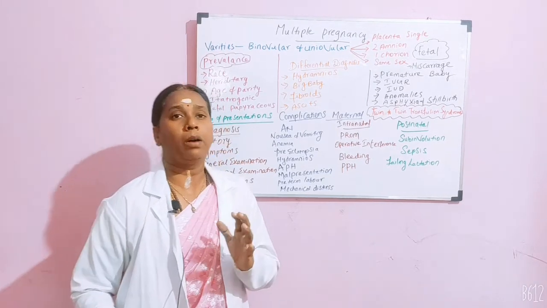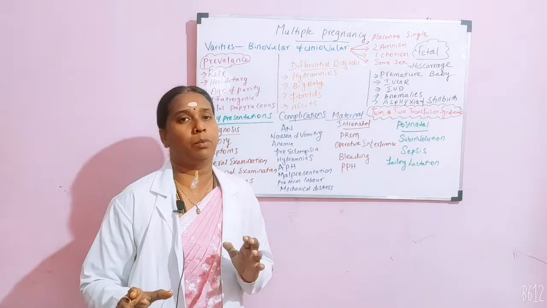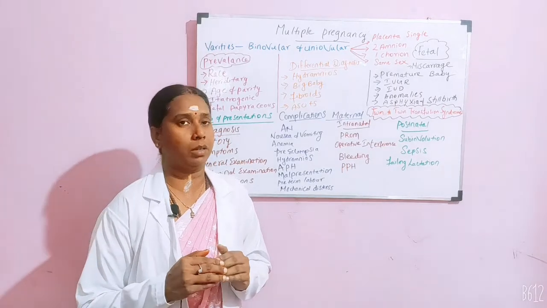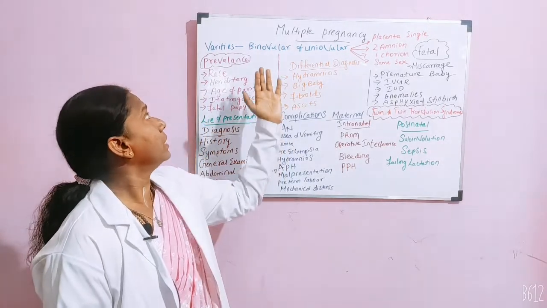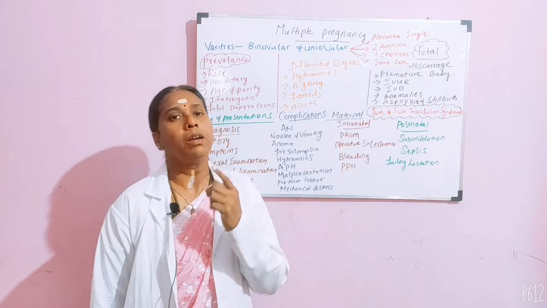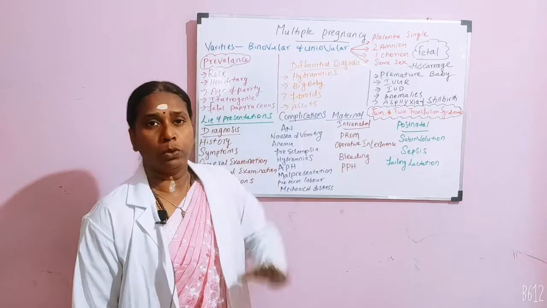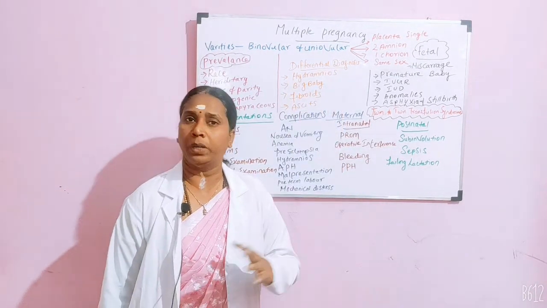Now we will discuss multiple pregnancies in detail. We have two varieties of multiple pregnancy: biovular twin pregnancies and uniovular twin pregnancies.